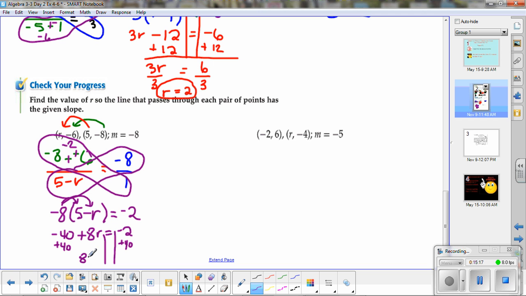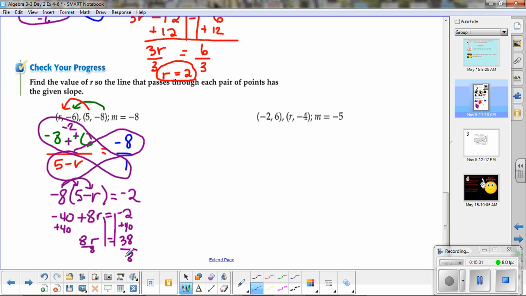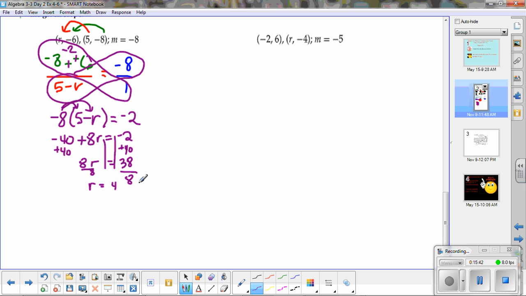So we end up with 8r equals positive 38. And then we're going to divide by 8. And you get r equals 4 6/8, or r equals 4.75, or 4 3/4.